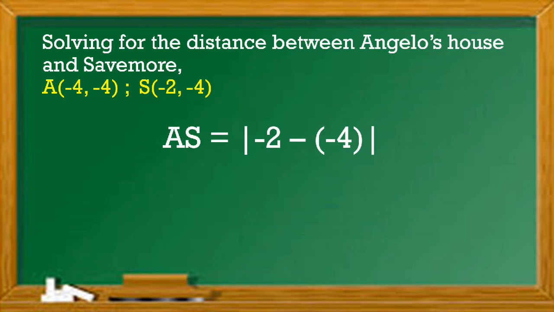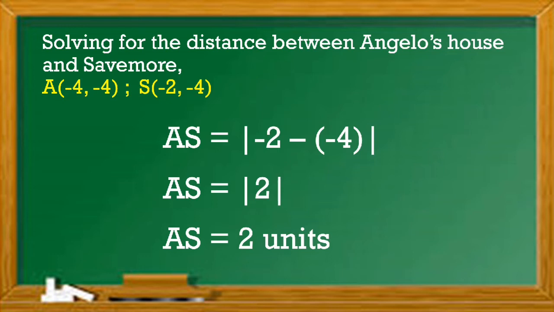So, let AS be the distance from Angela's house to Save More. So, AS equals the absolute value of x sub 2, that's -2, minus x sub 1, -4. So, that's equal to the absolute value of 2, which is equal to 2, or 2 units.